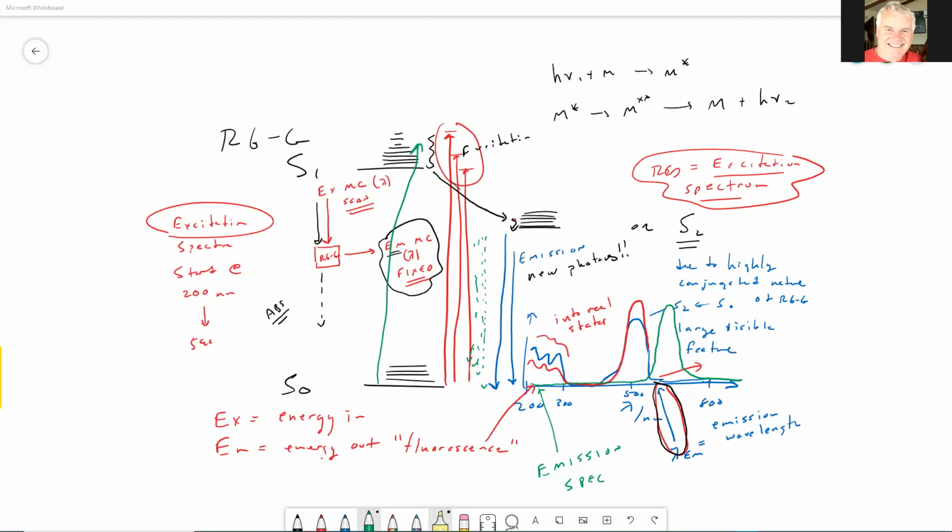If you excite at 300, let's say this is exactly 300 nanometers here, just for giggles, and you look at the emission at exactly the same wavelength, what you're going to see is two things. You can see resonance fluorescence.